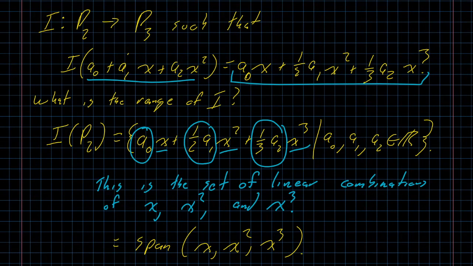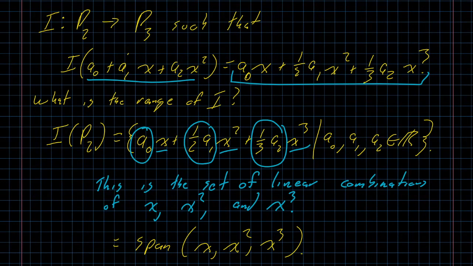So the dimension of the range is 3. But the range is a subset of the codomain P3, and the dimension of P3 is 4. And so that's a really nice way of being able to quickly verify that there are things missing. There are things in the codomain that do not show up in the range because the dimensions are different.